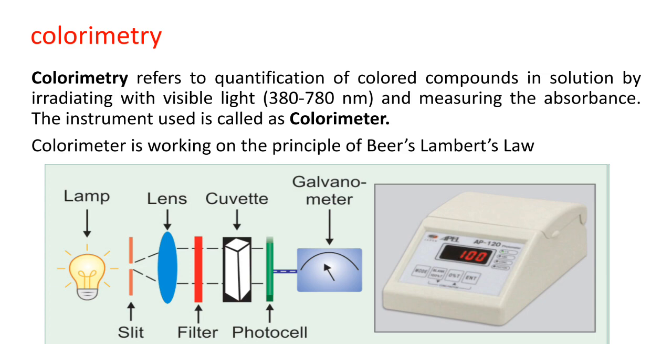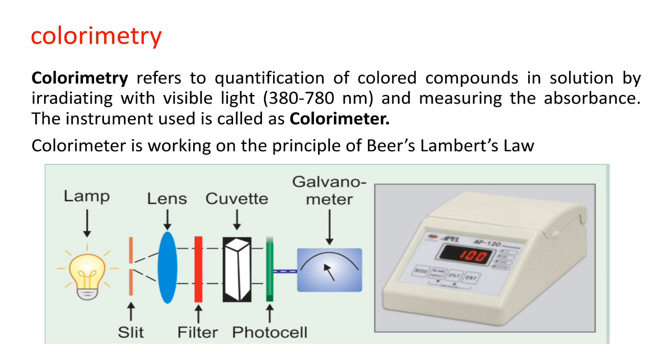The instrument used for colorimetry quantification is called a colorimeter. Here you can observe the difference: colorimetry is the technique, whereas the colorimeter is the instrument that uses that technique.